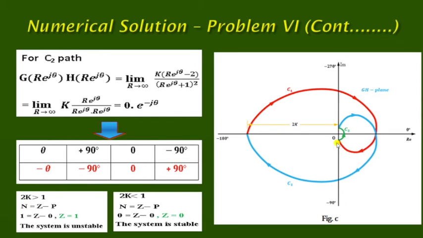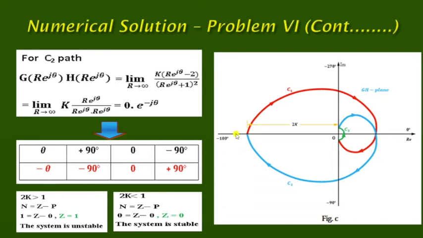Then draw the C2 path. The starting point is minus 90 with magnitude 0, then 0, then plus 90, and the magnitude is always 0. Then draw the C3 path, which is the mirror image of the C1 path, and this point is the same as C1 and C2.